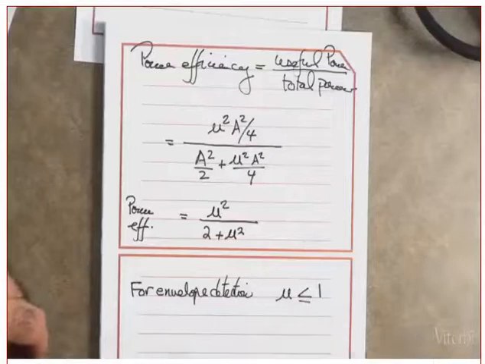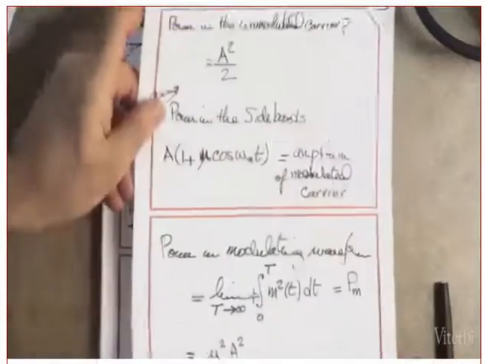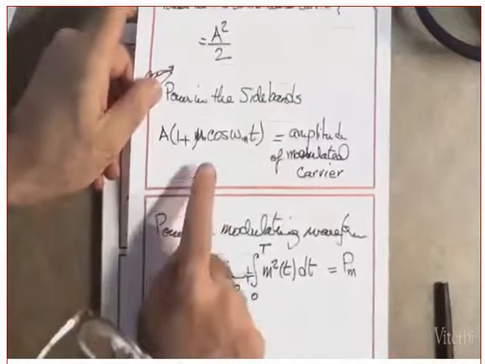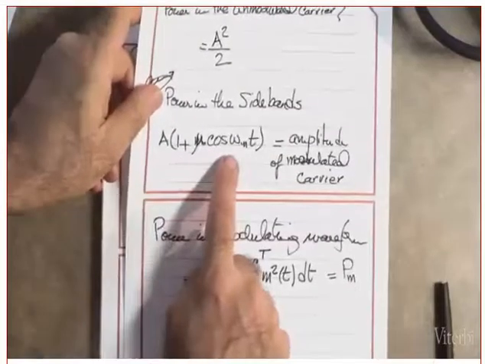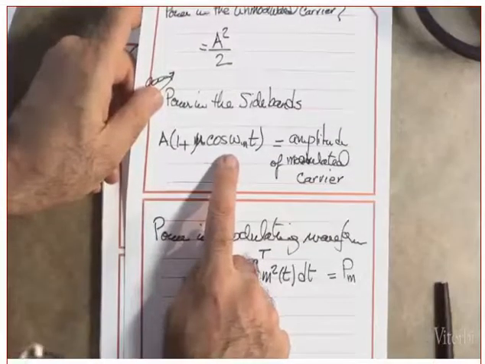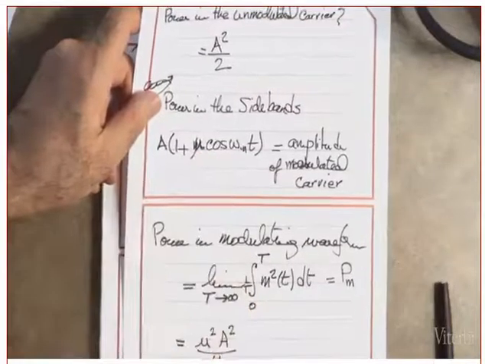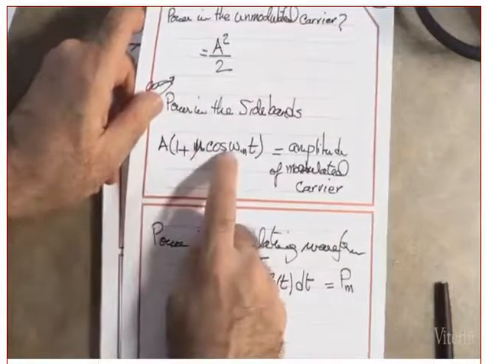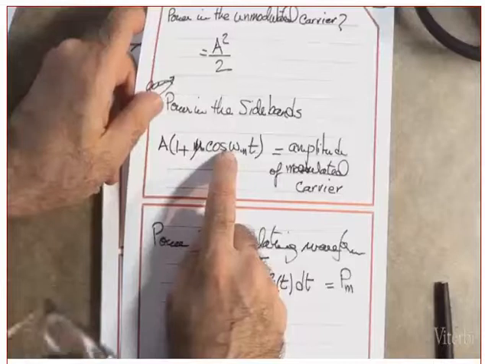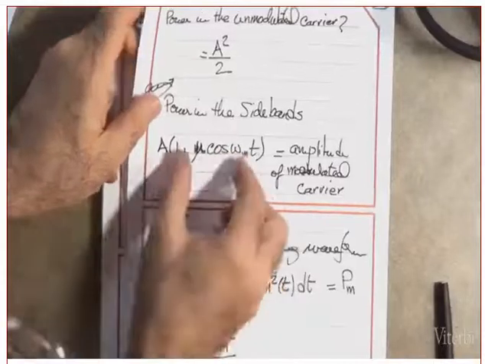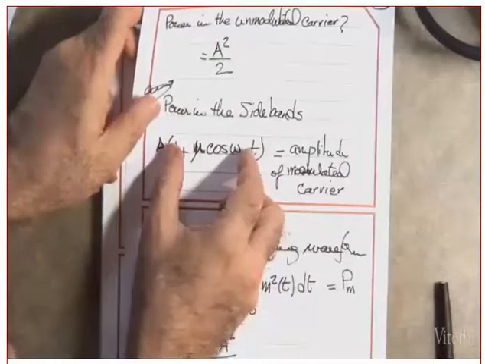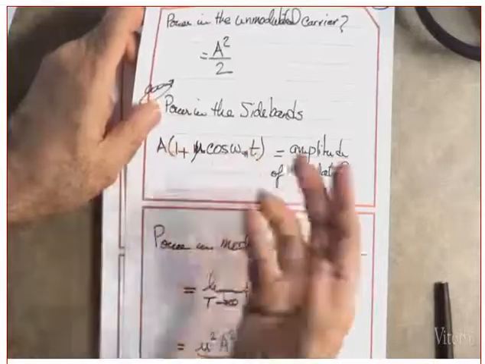Why? If mu, remember the cosine is plus or minus 1. Yes or no? If mu is more than 1, and if this happens to be negative, what will happen to the whole thing? It becomes negative. Yes or no?